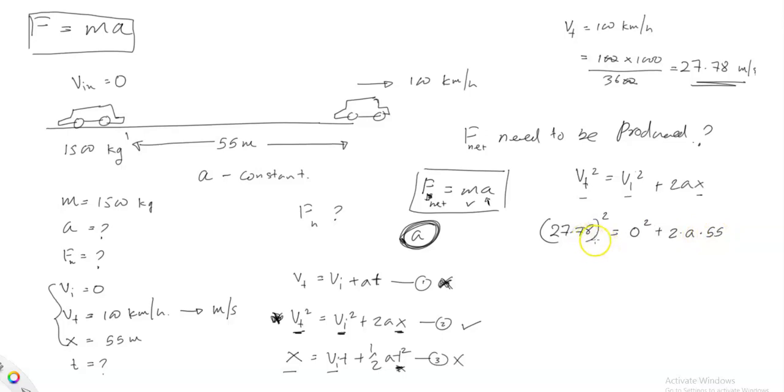Okay, so the rest is just solving this simple equation and finding the acceleration. So I can write 27.78 squared divided by 2 times 55 equals acceleration.